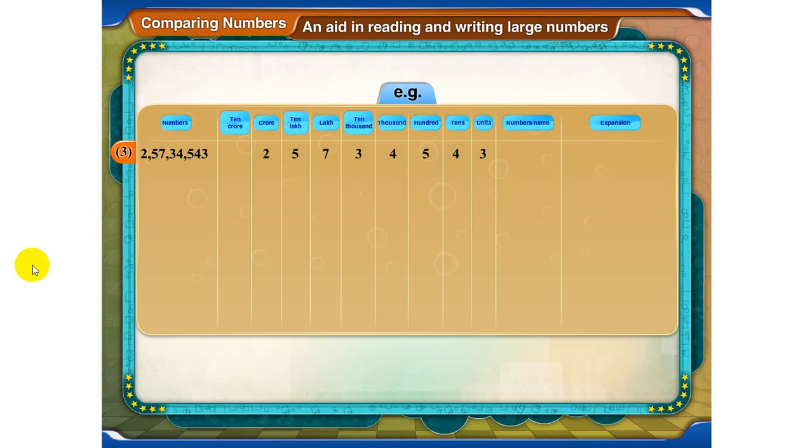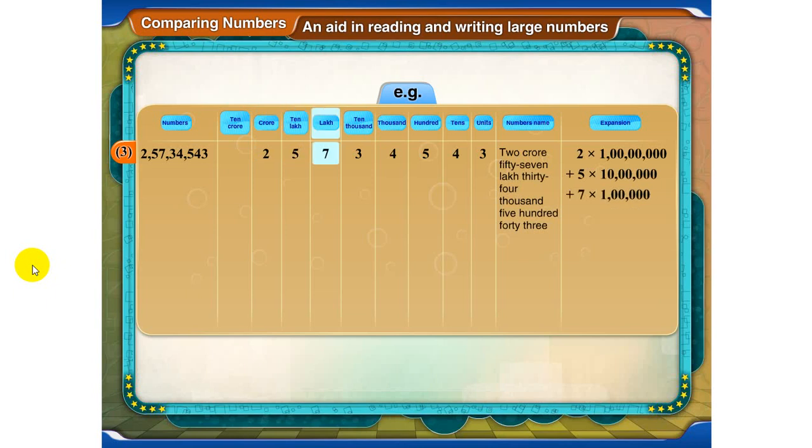Number name is 2,57,34,543, and expansion is 2 into 1 crore plus 5 into 10 lakh plus 7 into 1 lakh plus 3 into 10,000 plus 4 into 1,000 plus 5 into 100 plus 4 into 10 plus 3 into 1.